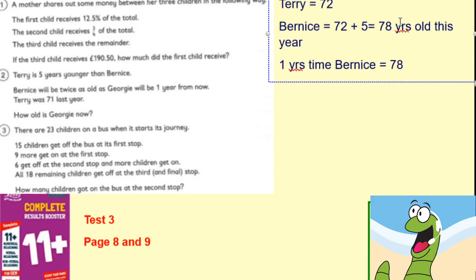I thought that should have been 77 this year. Absolutely right. In 1 year's time, Bernice will be 78.